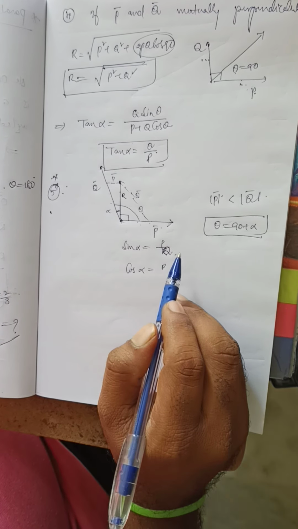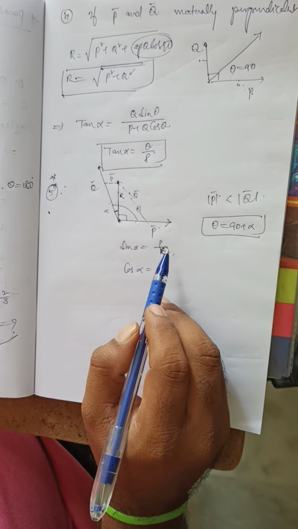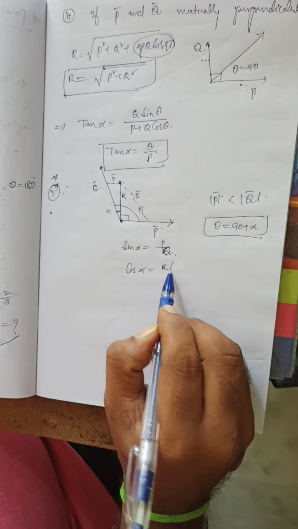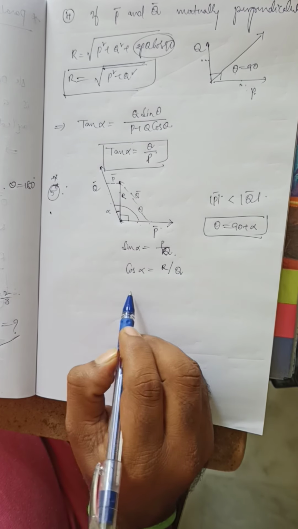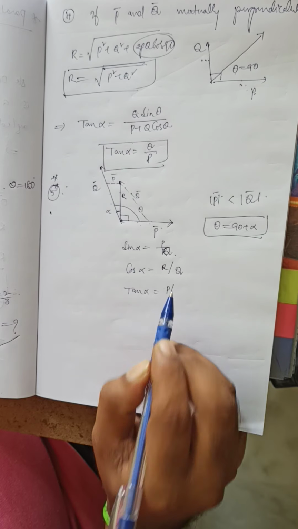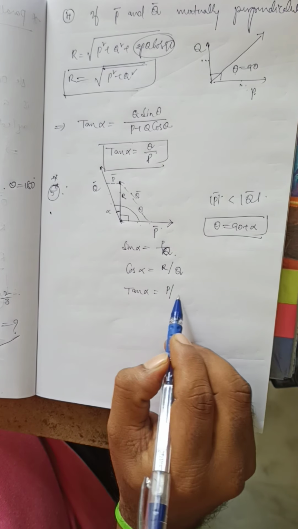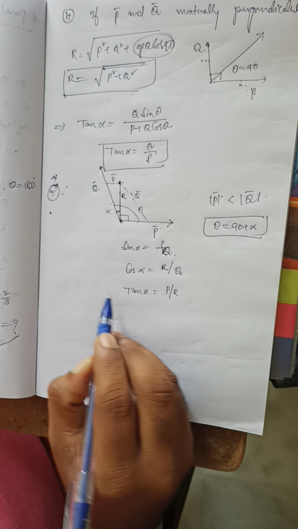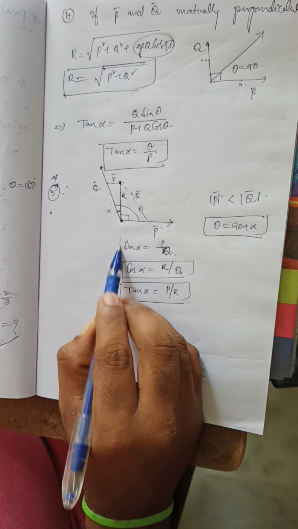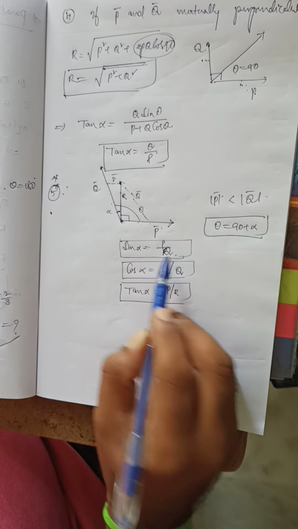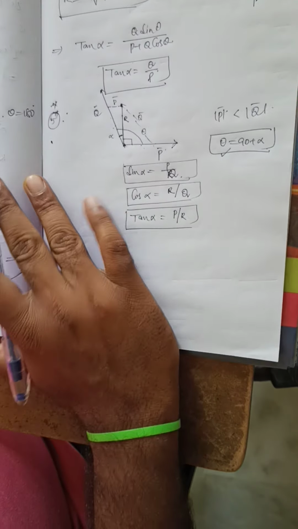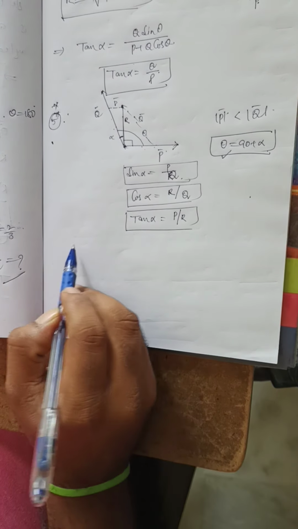Next, cos alpha is equal to adjacent side by hypotenuse. If you take tan alpha, then it will be equal to opposite side by adjacent side, that is equal to p by r. Okay na? By using these three formulas, we can find out the alpha angle. If you know the alpha angle, then it is easy to calculate the angle between two vectors. So this is the important application.